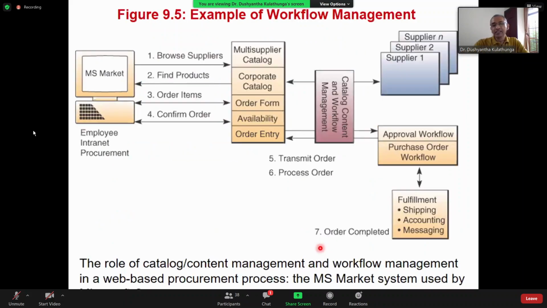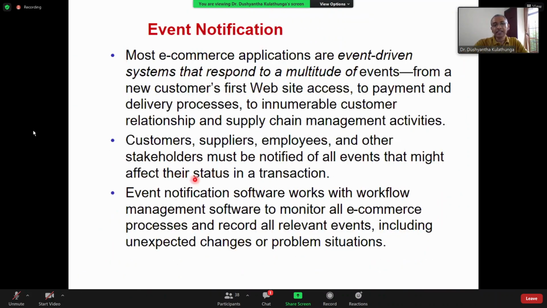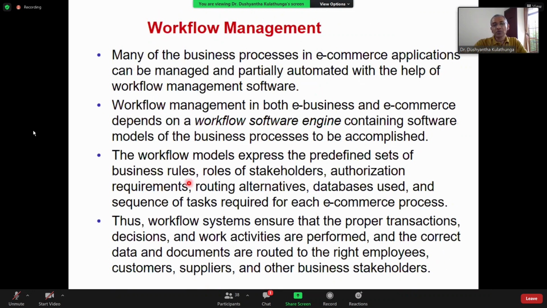That is the change of status that we highlighted here. Because of lack of stocks, you can't fulfill the order, which you need to communicate to the relevant stakeholder. If you are cancelling the order because of that, again that is done through the workflow management system. Okay, so that is understood.